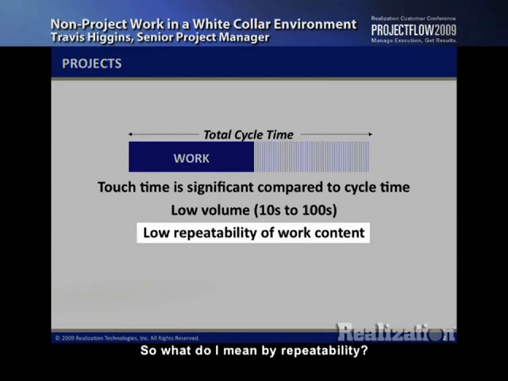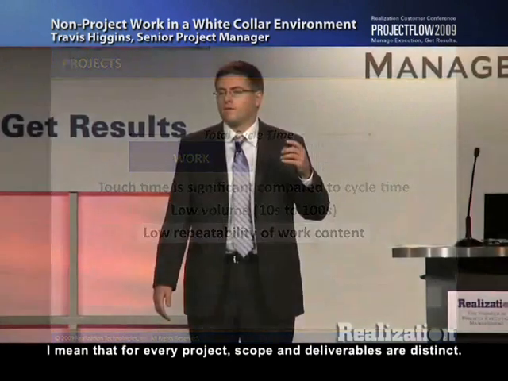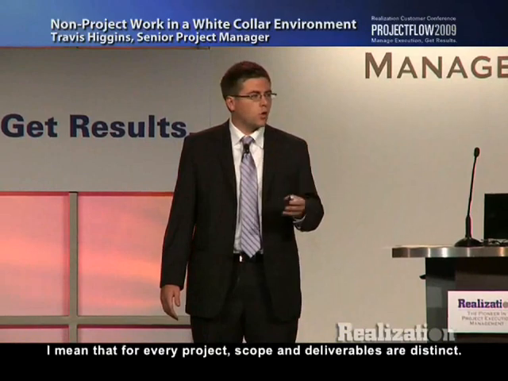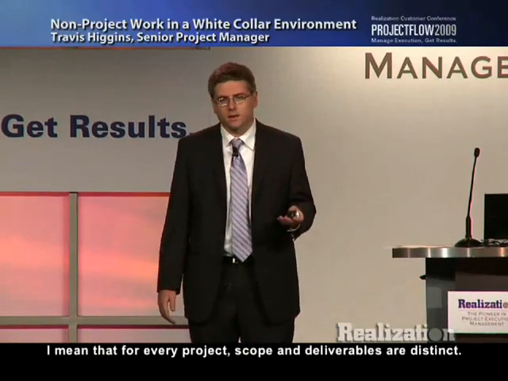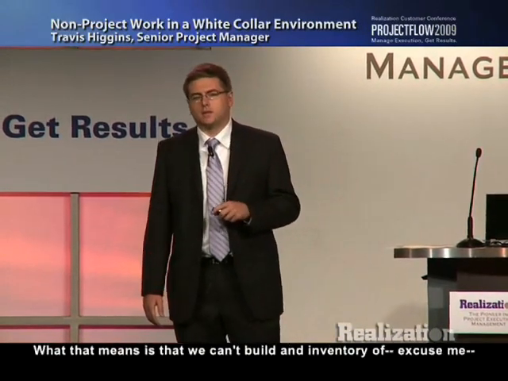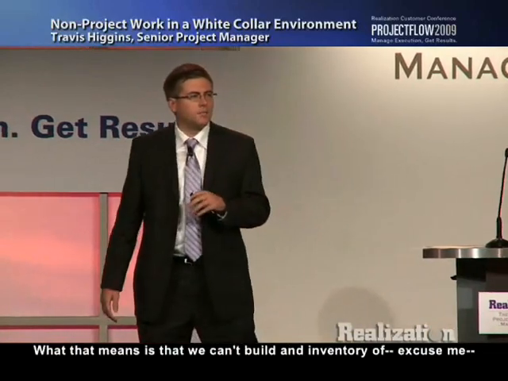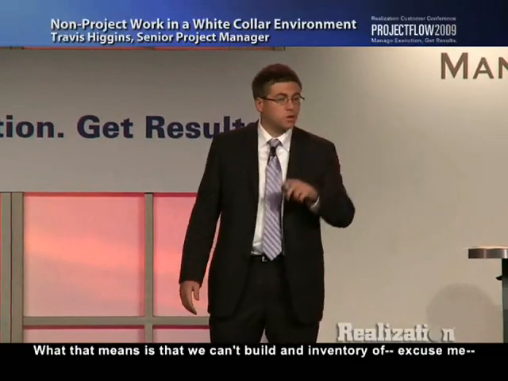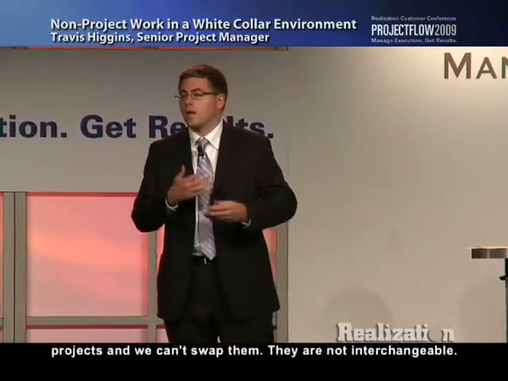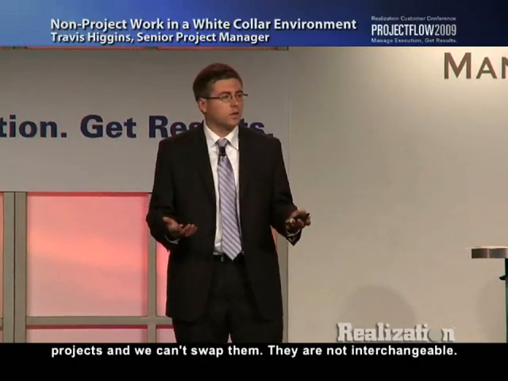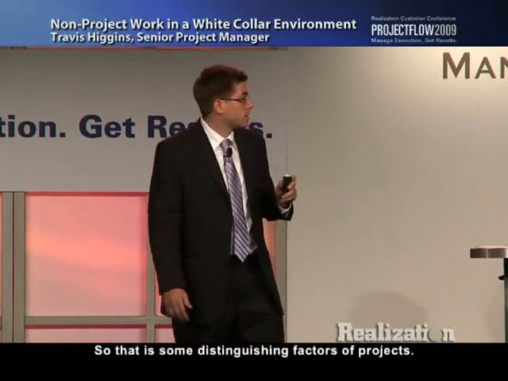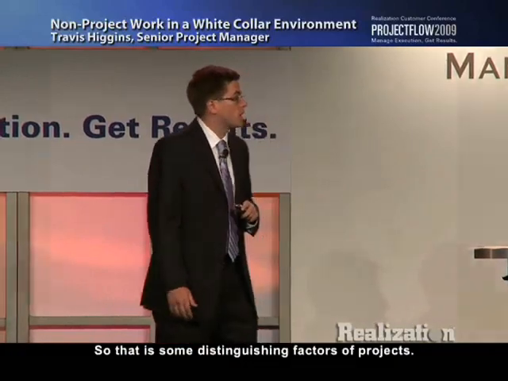So what do I mean by repeatability? I mean that for every project, the scope and deliverables are distinct. So what that means is that we can't build an inventory of projects and we can't swap them. They're not interchangeable. So those are some distinguishing factors of projects.